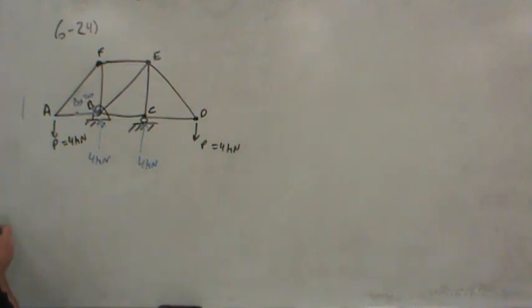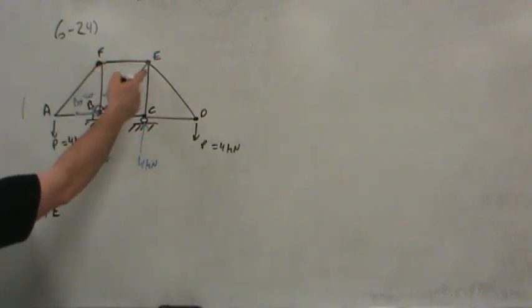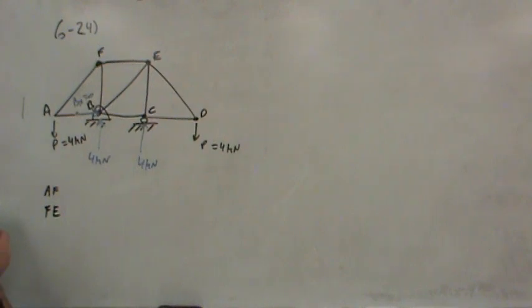Now to keep everything straight, I think I will make a table of all the members, and I'll put them in the order that I ended up solving them in. AF, FE, let's see, surely I have AB in there somewhere. There it is.